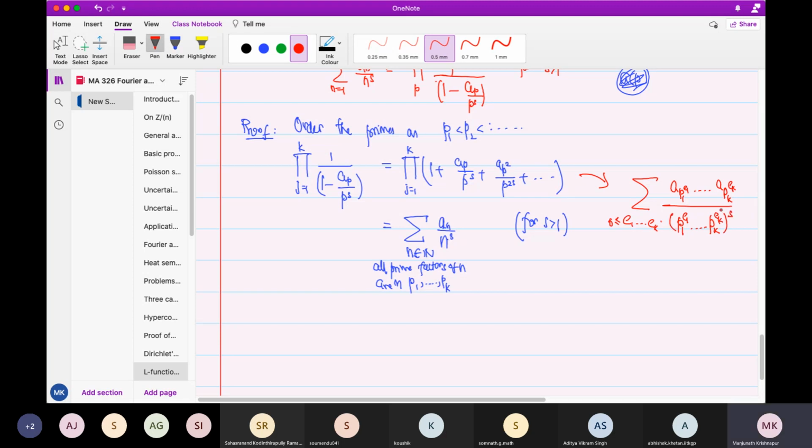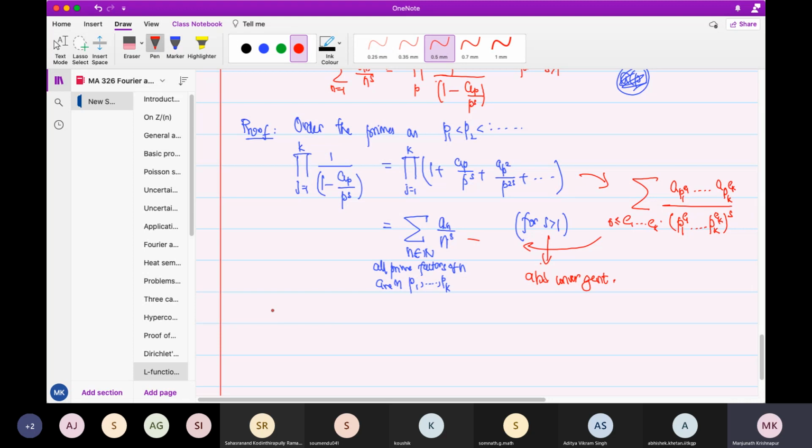When we expanded it formally, this is what we got. And so this gives you a_n over n to the s over all n's like this. The only point is the rearrangement, which is justified since it is absolutely convergent. You can rearrange in any way and it is fine. So this part is okay.